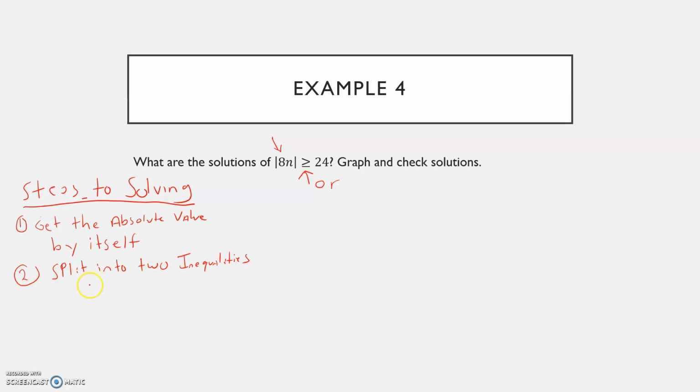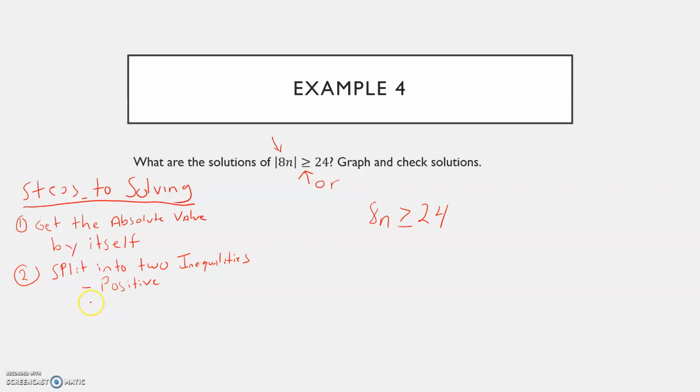In this case, it's going to be an or, because it's greater than. If it's less than, then it'll be an and, and we can put our answer in the middle of the two. But we're going to split it into two inequalities. One of them is going to have a positive solution. And so for us, that would be 8n is greater than or equal to positive 24.